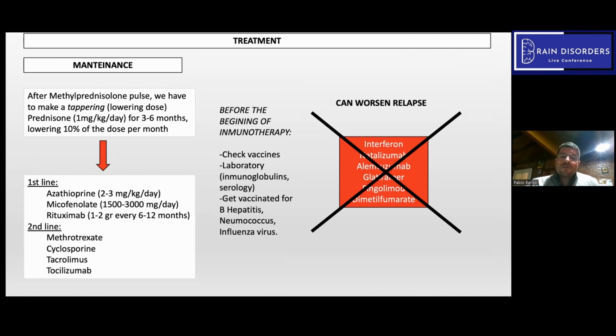Get vaccinated for Hep B, pneumococcus, and influenza virus. So why don't we treat it like MS? Because interferon, natalizumab, alemtuzumab, etc. can worsen relapse. So we have to think very much whether we treat it like MS or like an NMO. Next, please.